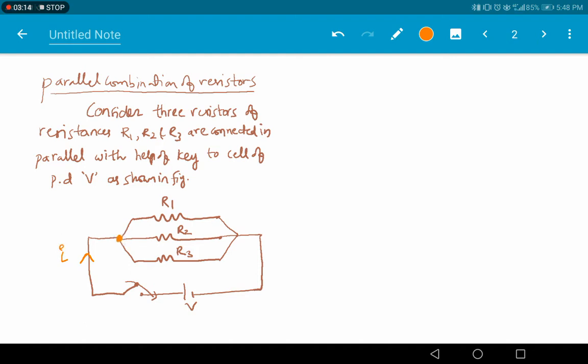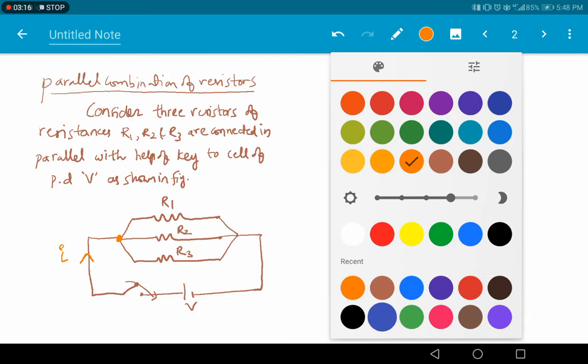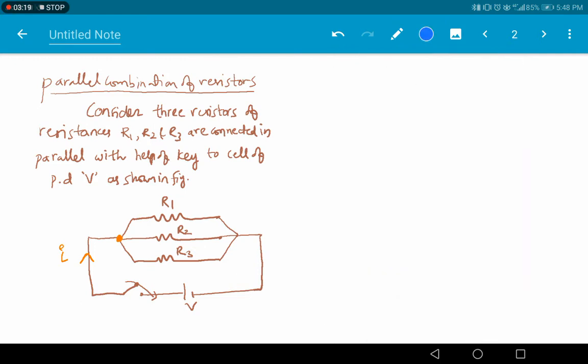When current reaches the junction, we know that at the junction the current divides as I1, I2, I3. That is, in parallel, the net current is equal to the sum of the individual currents in the resistors.